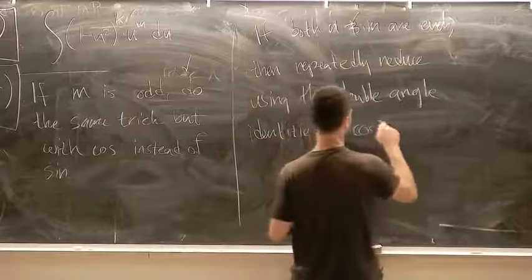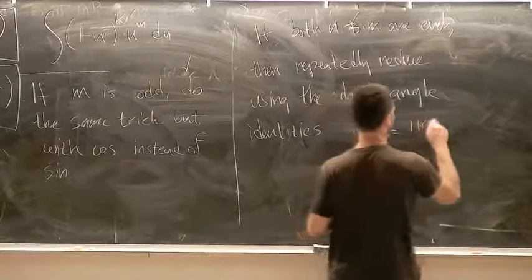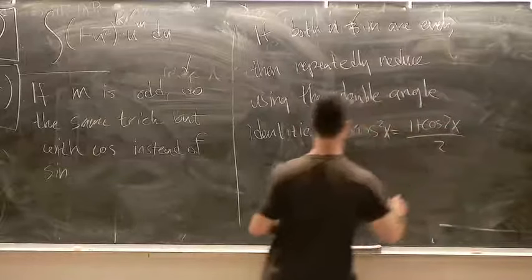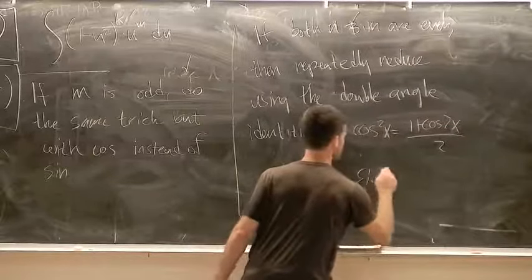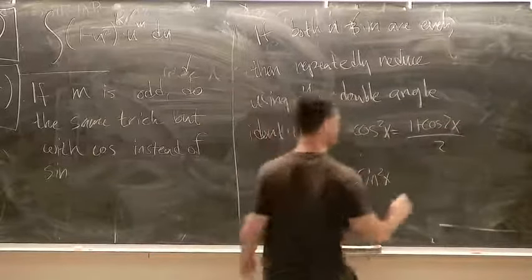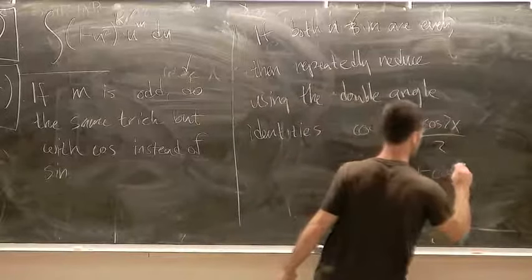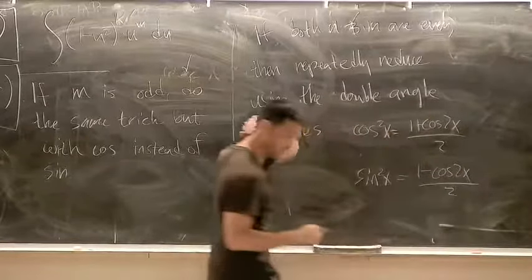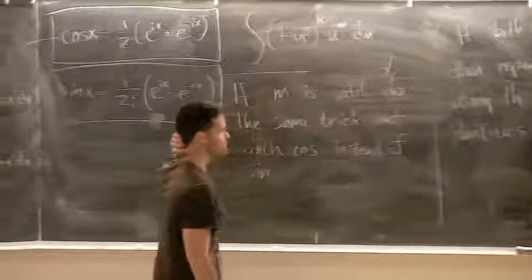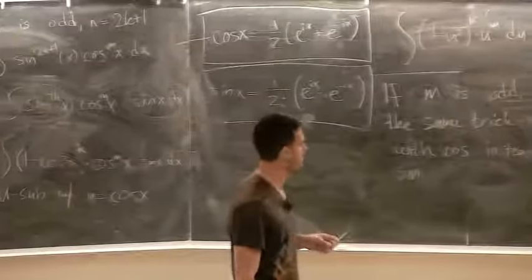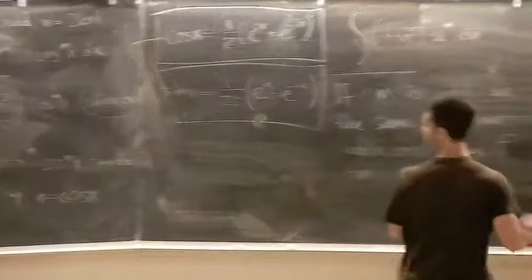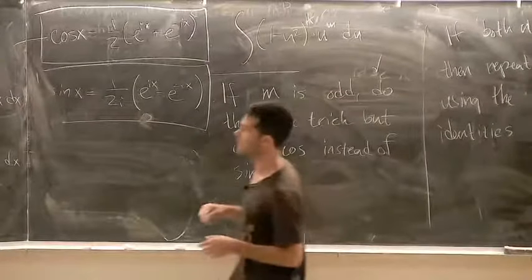Identities. So yeah, like cosine squared of x is 1 plus cos 2x over 2. And as we just proved, sine squared of x is 1 minus cos 2x over 2. All right, that pretty much takes care of any time you've got multiples of sine and cosine.